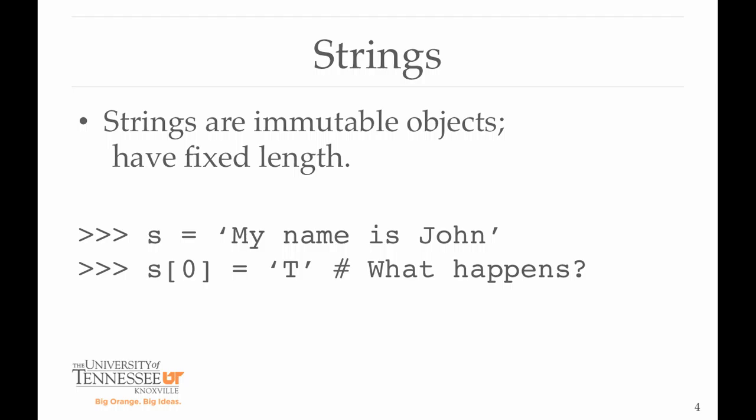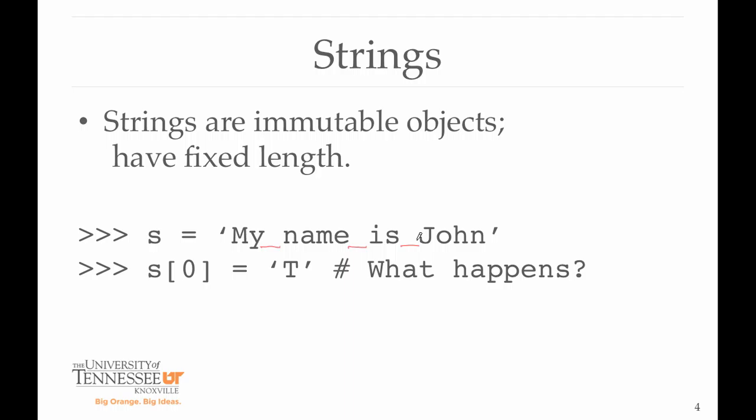And this is a classic example. Suppose at the Python interpreter prompt we were to define a string called S, and assign it this sentence, my name is John. Keep in mind that there are some blanks in there. It's certainly got the 4 words, but there are these 3 blanks that are included. Those are each characters in the sequence.